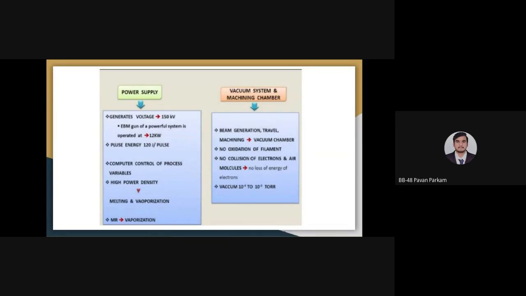Otherwise, if the chamber is not vacuum, the oxygen molecules in the air will oxidize the tungsten filament, which is heated to a very high temperature. There is no collision of the electrons with air molecules, and so no loss of energy of the electrons. This is the importance of the vacuum.